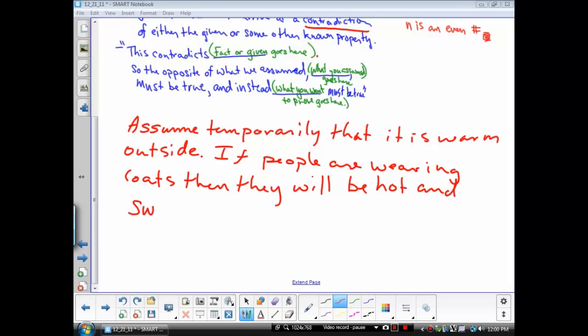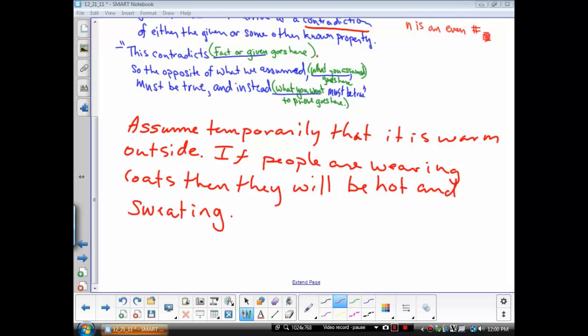Is this a contradiction to another part of the given? Do we have a contradiction to another part of the given? Yeah, because it says they're shivering.